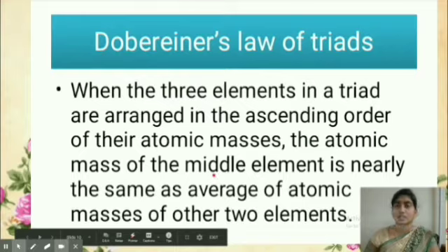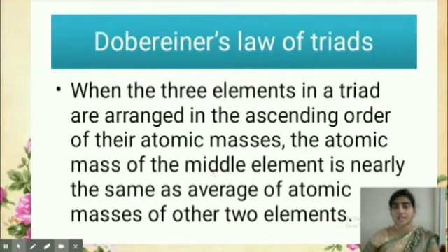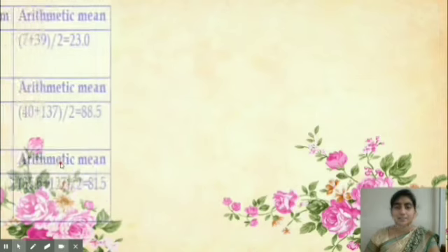This observation was the basis of his classification of elements into what are called Döbereiner triads. He made many efforts, but he could find only three triads with similar properties which follow the atomic mass.